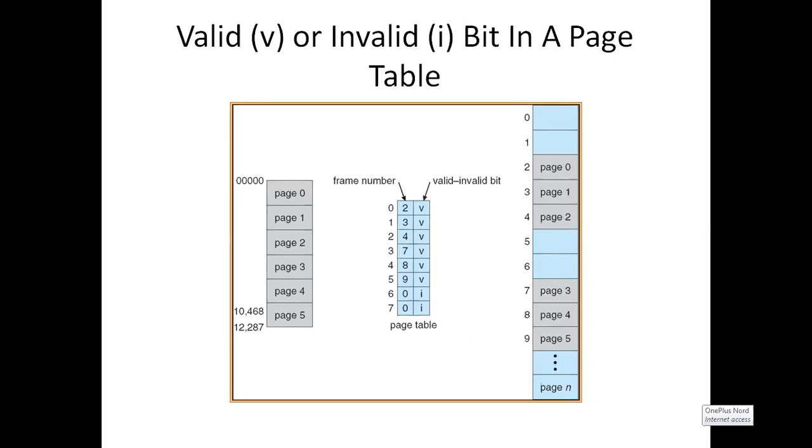Is it clear to you all? If the page has been allocated a frame, then it is called a valid page. If a page has not been allocated a frame, then it is called an invalid page. Can I move to the next concept?